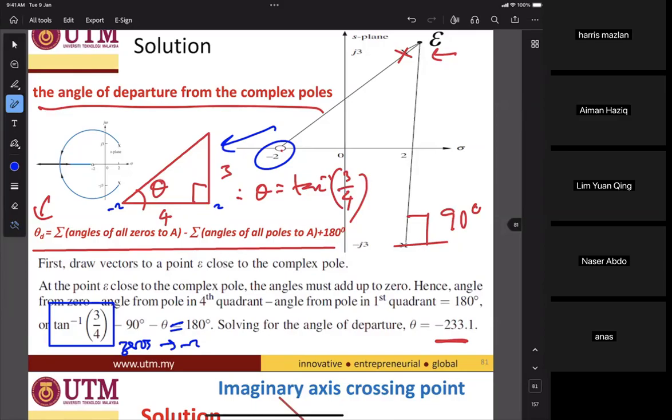Because according to that one, the angle of departure, the theta, should be on the left-hand side, right? And then it equals tangent inverse of 3/4, which is this one, minus 90 degrees plus 180, right? According to the red color formula.